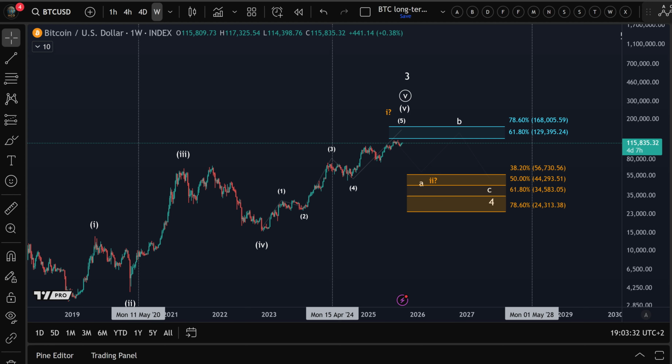What I want to do specifically in this video is take a look at a set of exponential moving averages on the long-term weekly chart, to determine with you what a relevant support range could look like from an EMA point of view, that can support the current bull market.